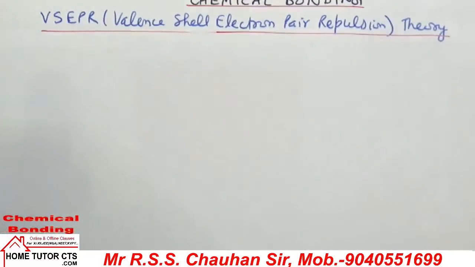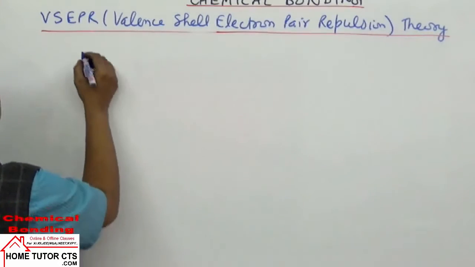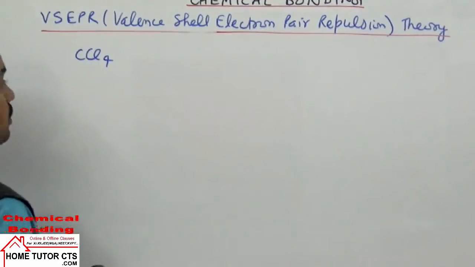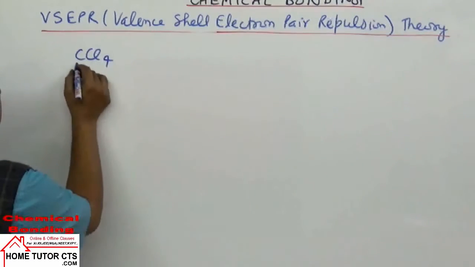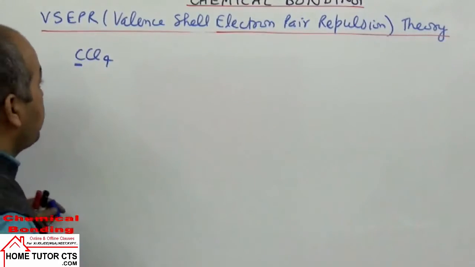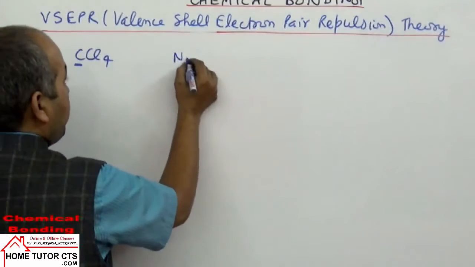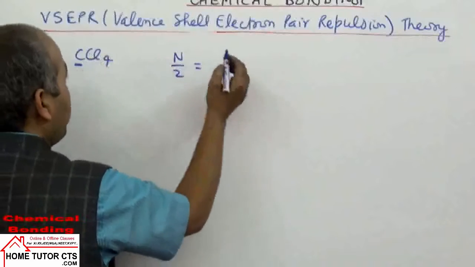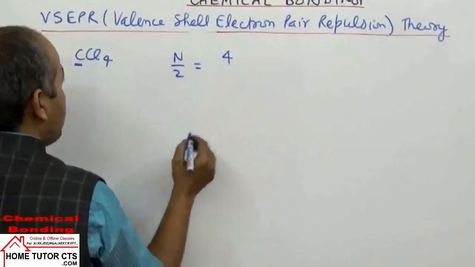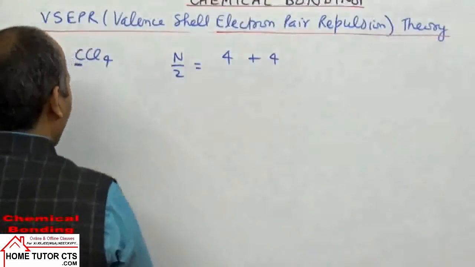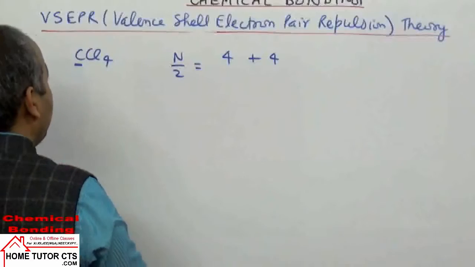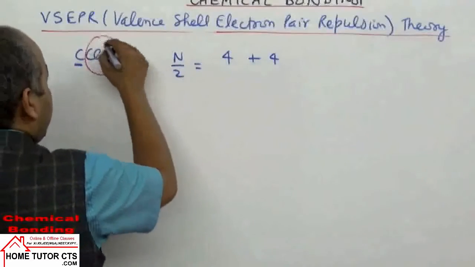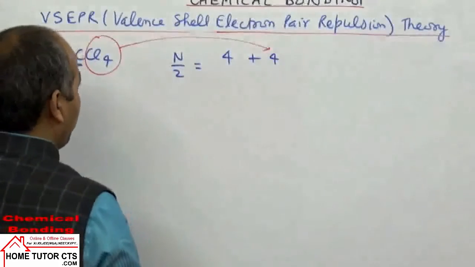Now we'll take the next example. The next example is CCl4. For the CCl4 molecule, again carbon is the central atom. If we calculate n by 2, for the carbon central atom there are 4 electrons in the valence shell plus 4 chlorine atoms, the other atoms, number 4.